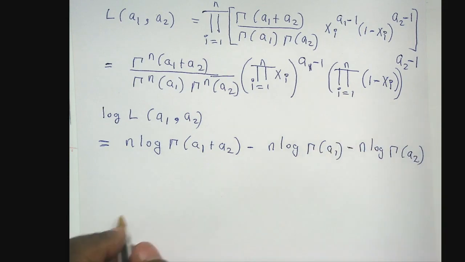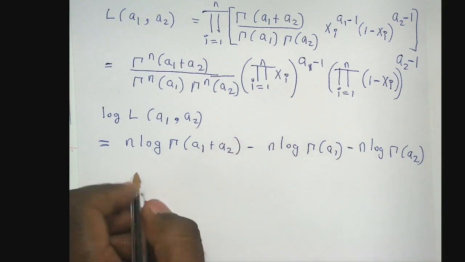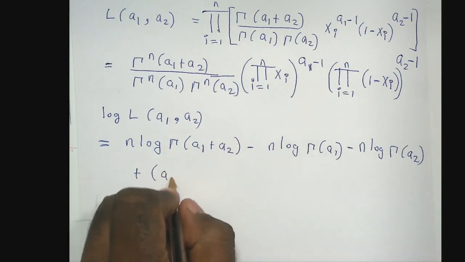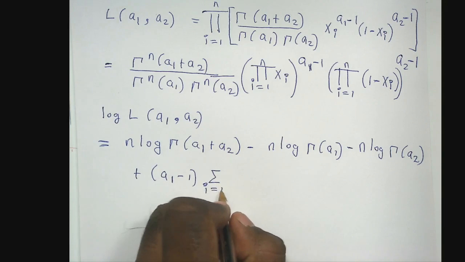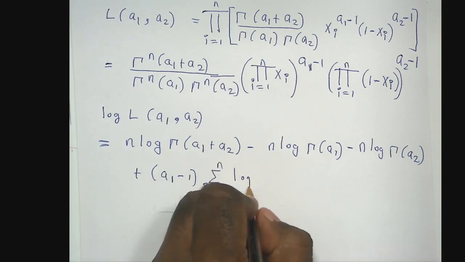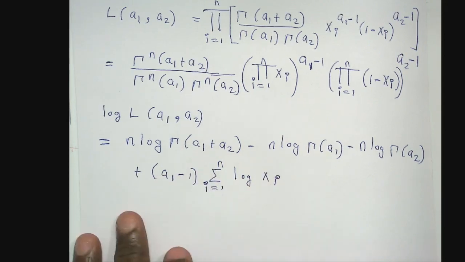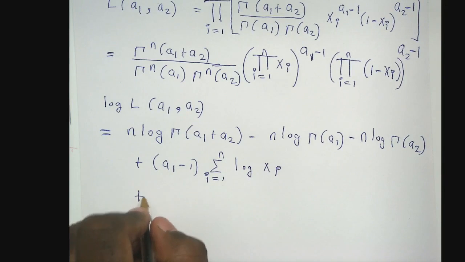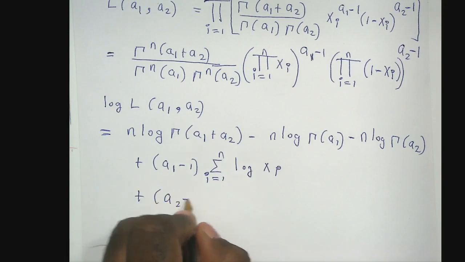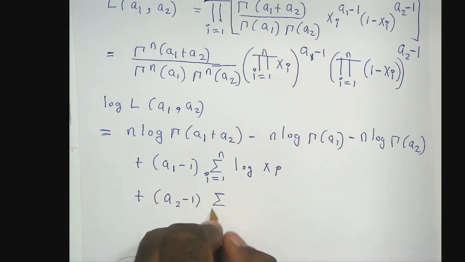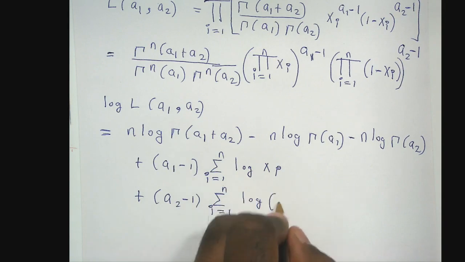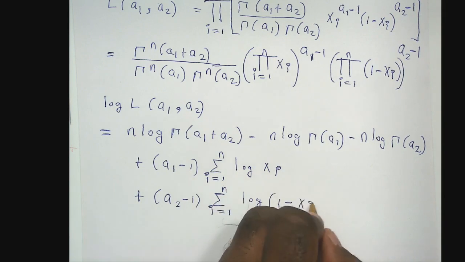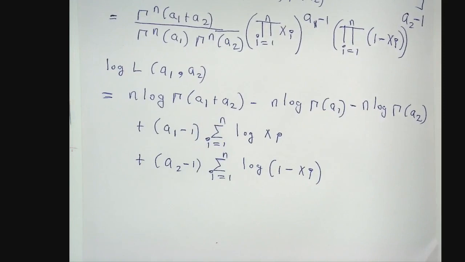This will be this, plus the log of that is going to be a1 minus 1 times the sum. This is the log of the likelihood.